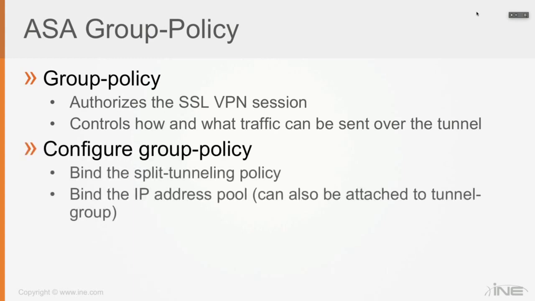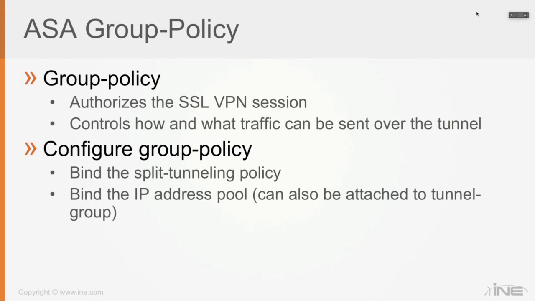We have to configure the group policy and then bind the split tunneling policy to it. So before, we just configured the authorization attributes, but we have to bind those together in the container which authorizes the SSL VPN session, which is the group policy. And also bind the IP address pool.